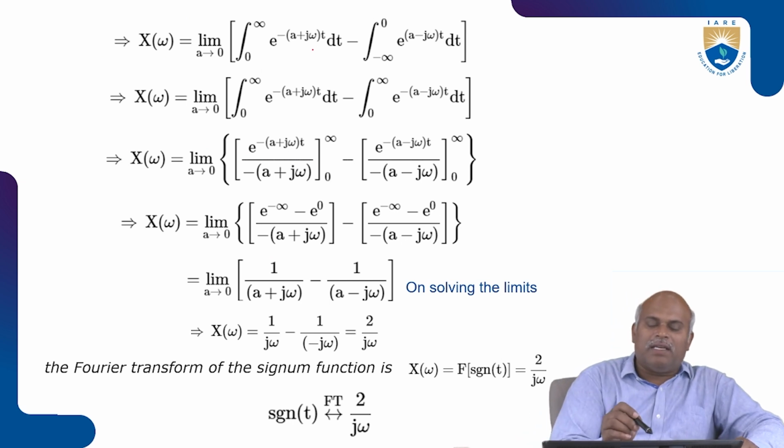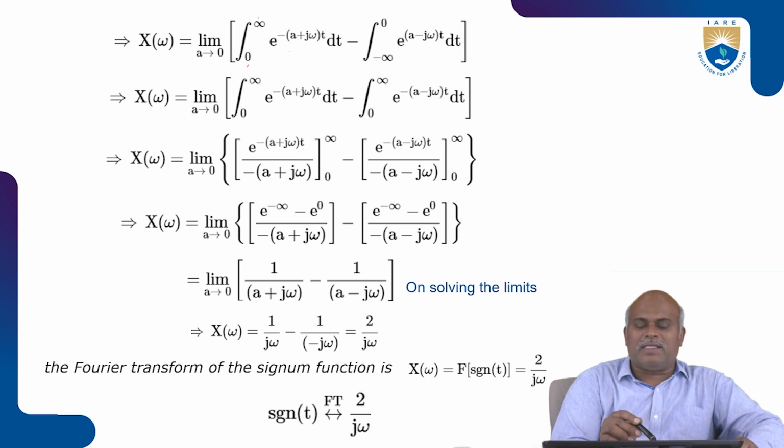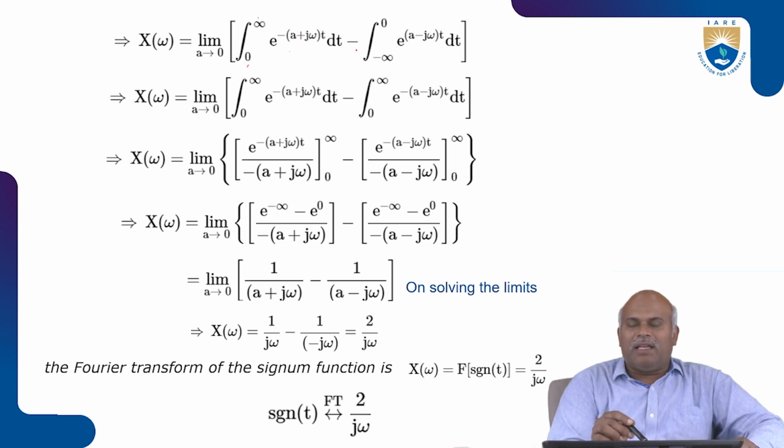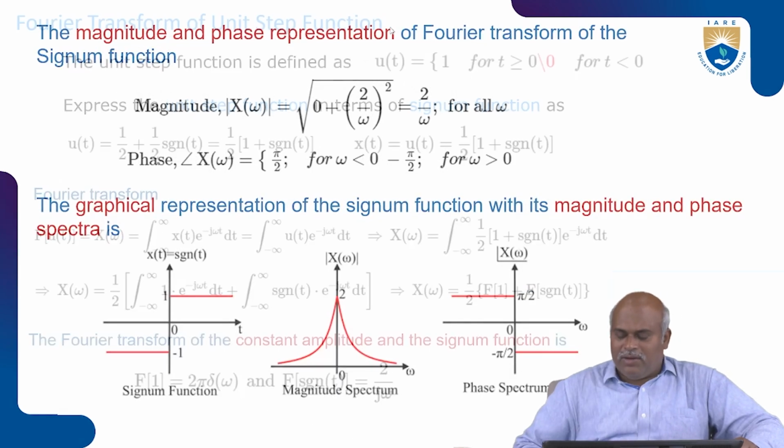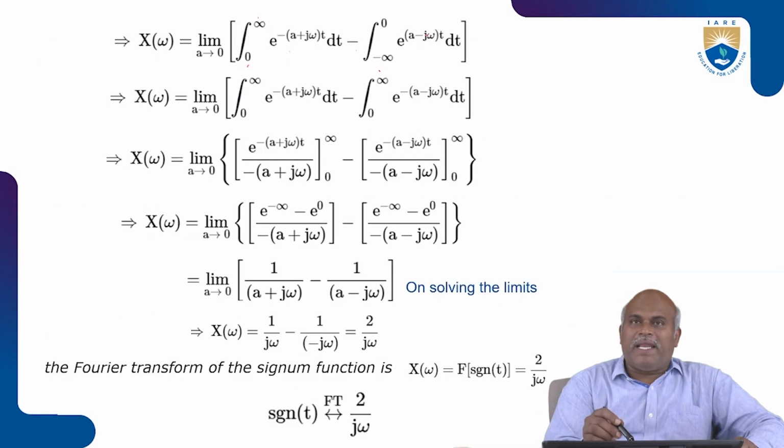The u of plus t is represented as the integration from 0 to infinity of e power minus (a plus j omega) t dt, then minus the integration from minus infinity to 0 of e power (a minus j omega) t dt.